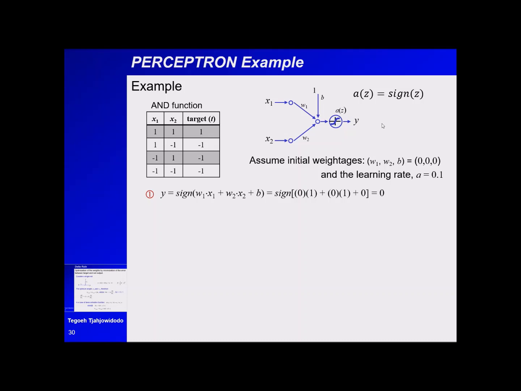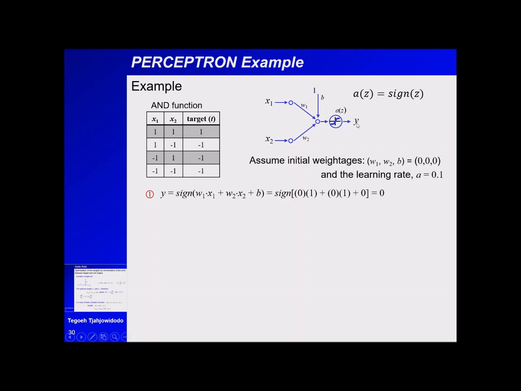So let's start. I will calculate the output of this network, but since I'm going to use the perceptron rule, I have more interest in the output of the activation function, because this is the output that I will use to update the weights.